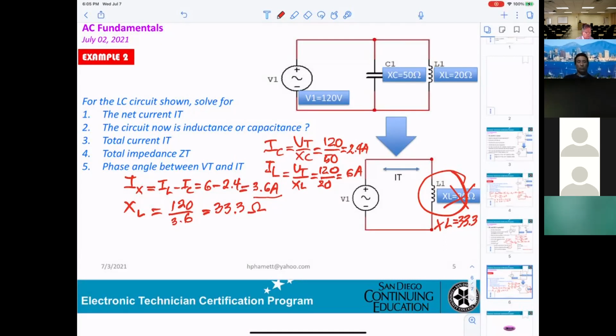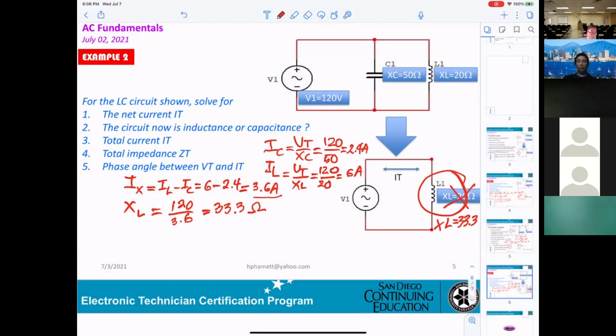Okay, so you get XL and XC in series, XL and XC in parallel. That we already done. Remember, you cannot solve the circuitry with both XC and XL.